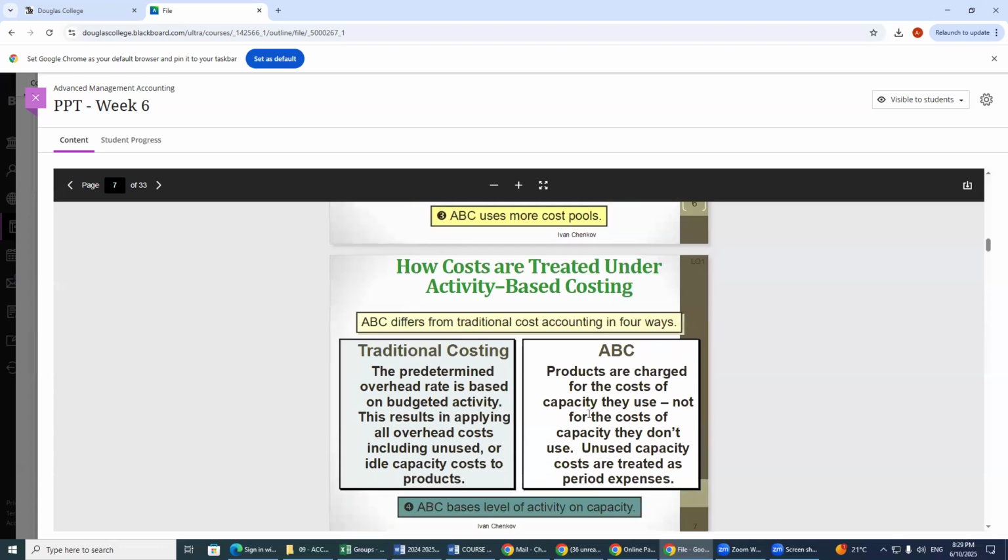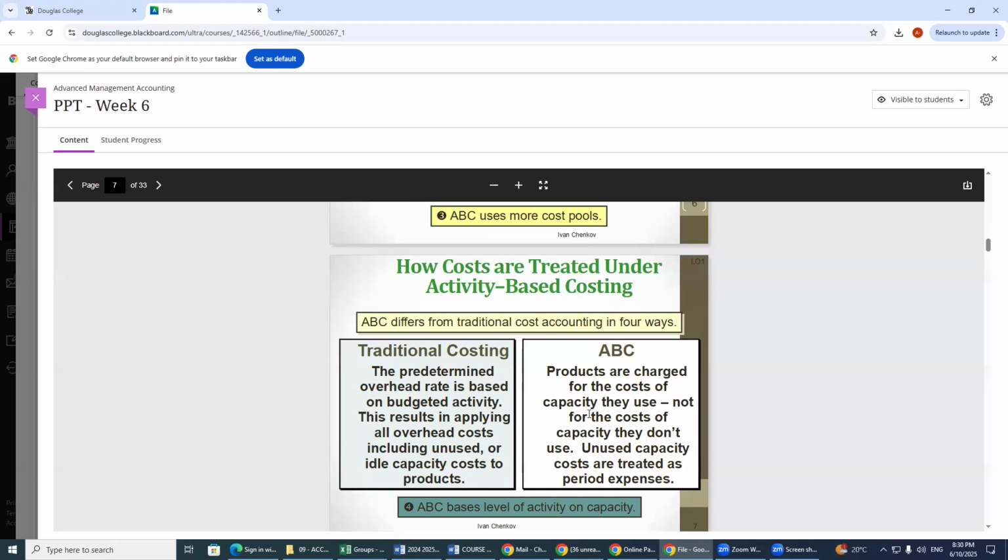Now, before we go to the measures, let's see how we calculate the predetermined overhead. The predetermined overhead in traditional costing is based on the budgeted activity. So before the start of the period, we come up with the total cost, which is budgeted for the upcoming period. We come up with the level of activity, which is also budgeted for the allocation base for the entire period. And then we're going to start applying the overhead cost.